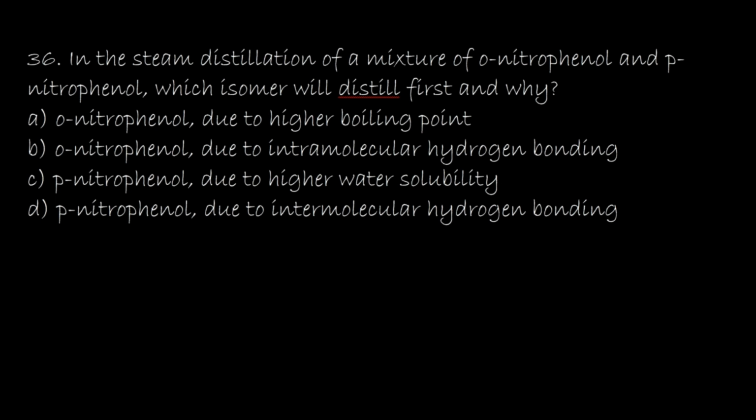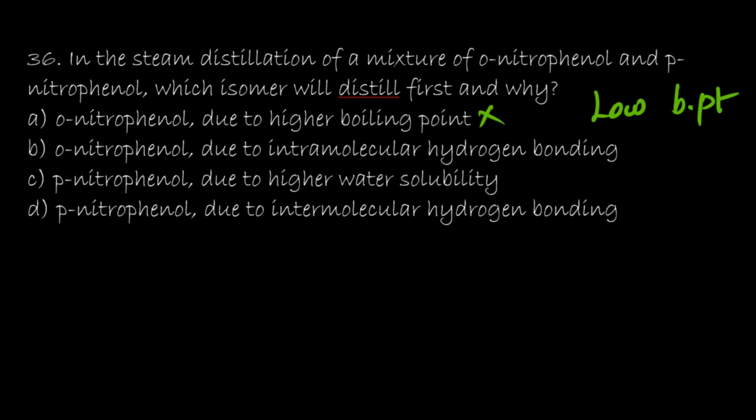Then in steam distillation of a mixture of orthonitrophenol and paranitrophenol, which isomer will distill first and why? The one that distills first is the one having the low boiling point, right? The first option says orthonitrophenol because of high boiling point. No, that can't be the answer.